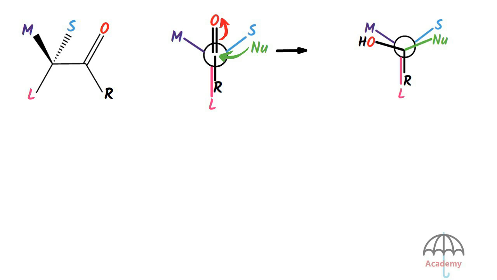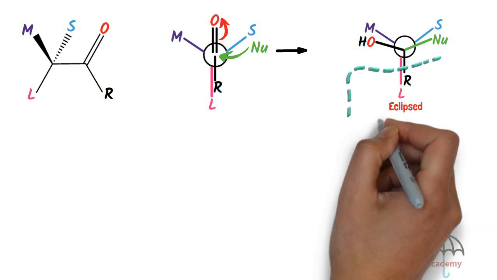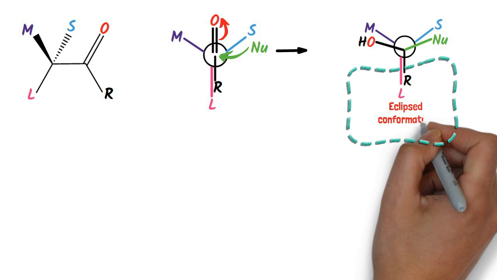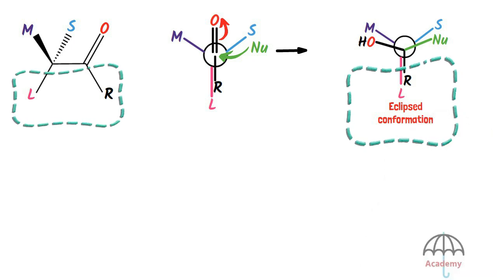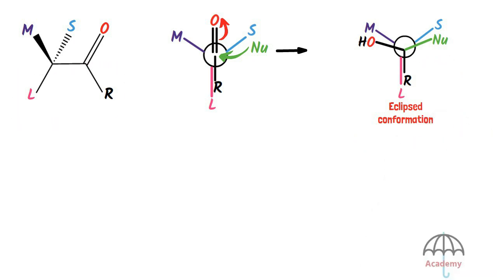This is an eclipsed conformation, where R and L are eclipsed, just like they are in the reactant. So, we do not need to rotate this to get a staggered conformation as we did in the previous case. We can directly convert this into a flying wedge representation.